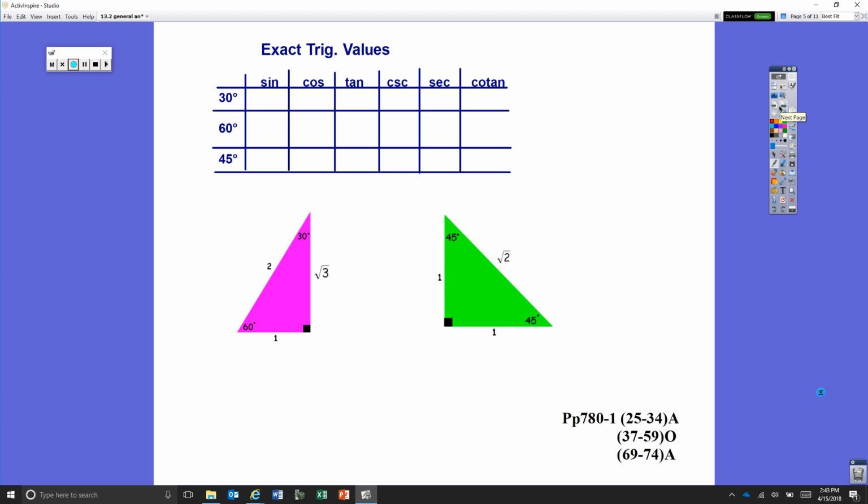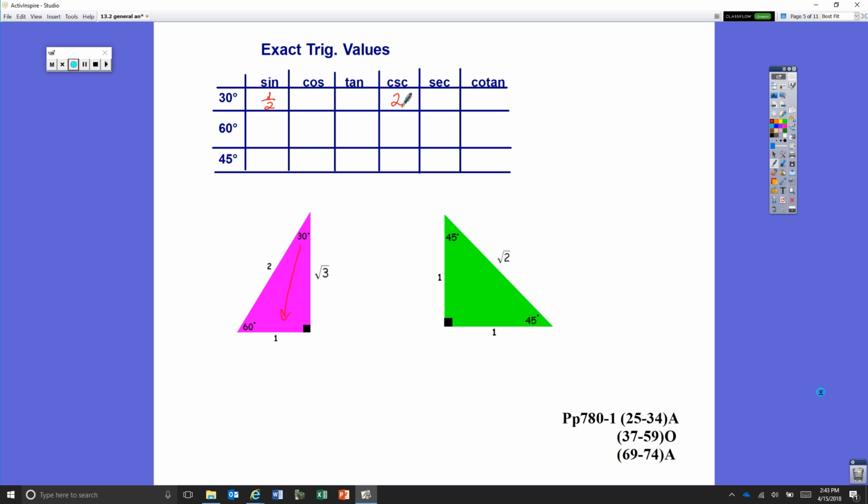So let's see if we can fill in this chart. Let's find the sine, cosine, tangent, cosecant, secant, and cotangent of all of these special triangles. So the sine of 30, opposite over hypotenuse, is 1/2. So then we know the cosecant should be the reciprocal, 2.